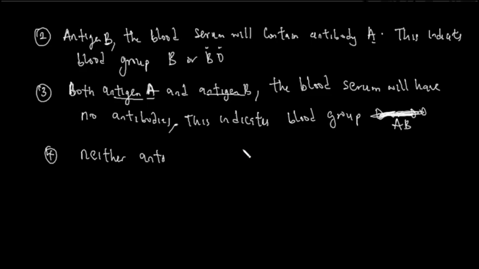So if the antigen is B, it will be blood group B. But if the antigens are A and B, what will it become? Blood group AB. Is this clear? Oh, you said AB initially. I didn't hear you. Okay, it's AB now.